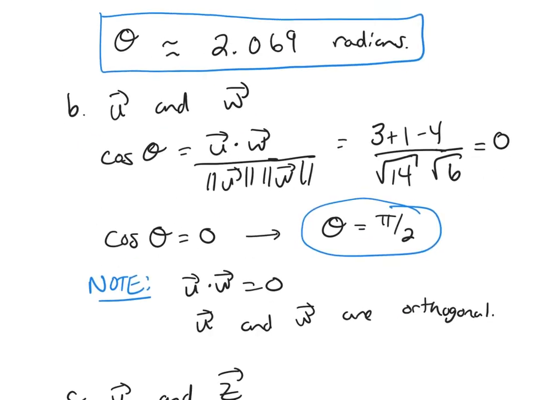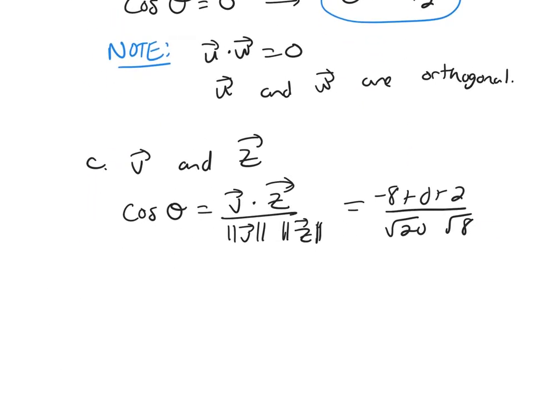That should be a -2, yep. This part right here should be a -2. So we'll get -10, and this should be the square root of 5. Sorry about that. Over the square root of 100. So you'll get -1 from this.